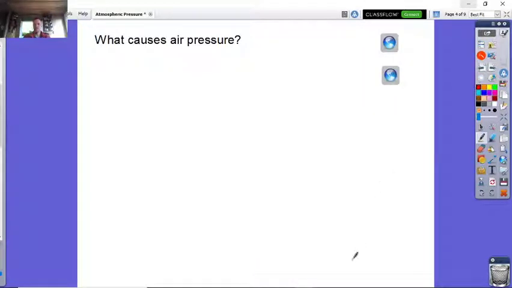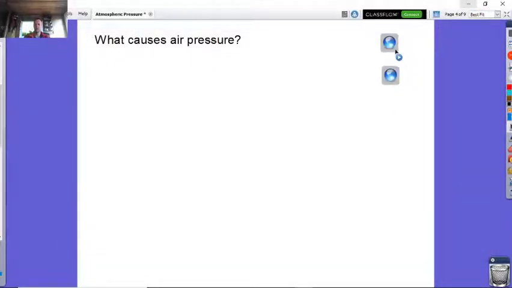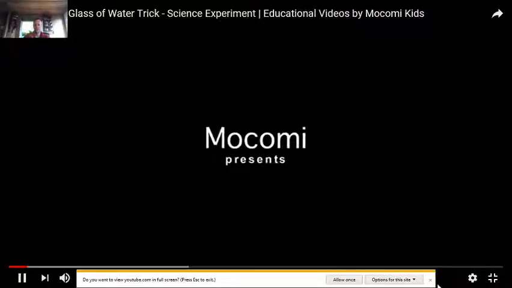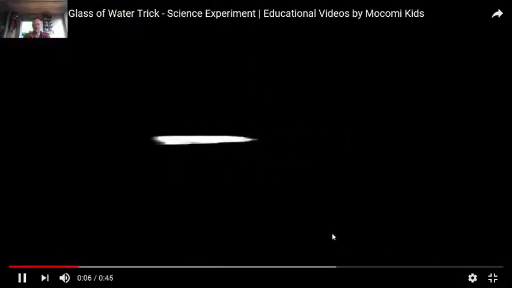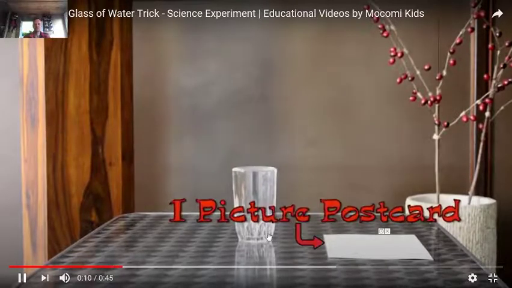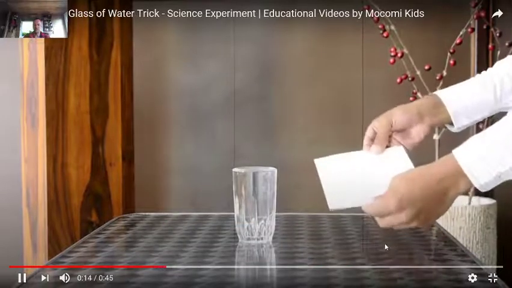Now, this is a cool trick you can do at home. I advise you to do it over a sink because it can go completely wrong. It's called the famous upside down glass trick. You've got a glass full of water and a piece of card.